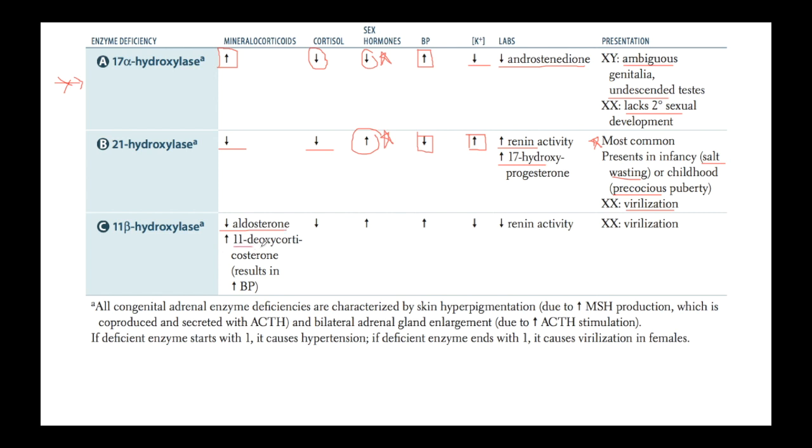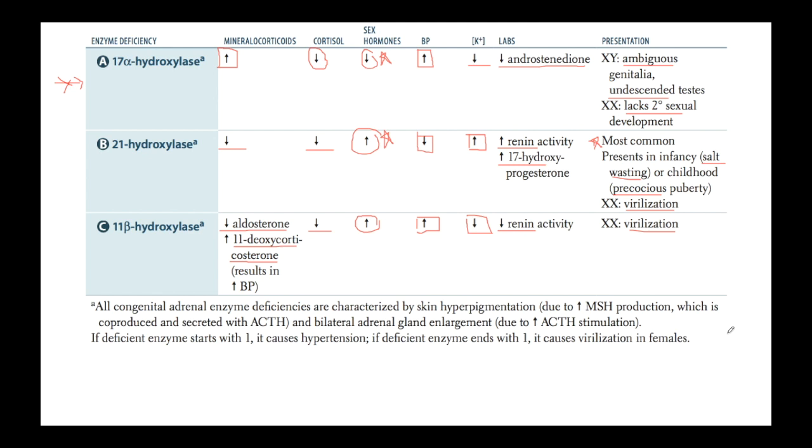However, we do still have our 11-deoxycorticosterone, which is why in this case we have an increase in blood pressure rather than a decrease, and decreased potassium concentration because of that, and decreased renin activity instead of what you see here. Cortisol is again reduced, and your sex hormones here are also increased, which can result in virilization.